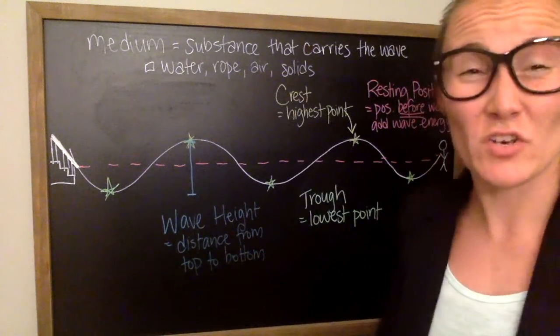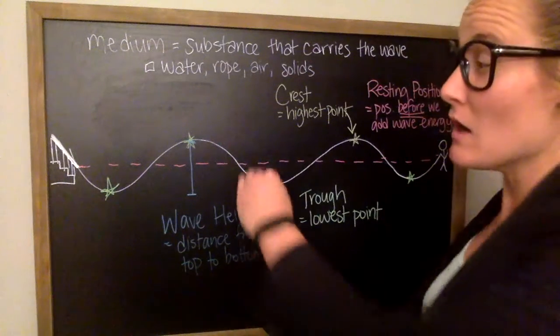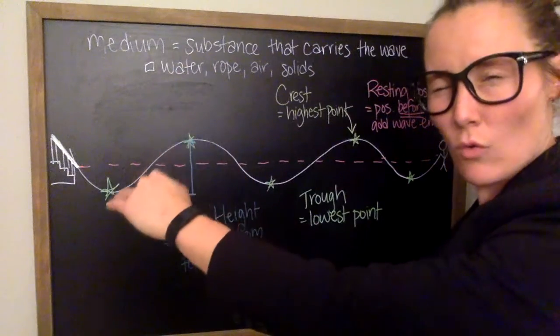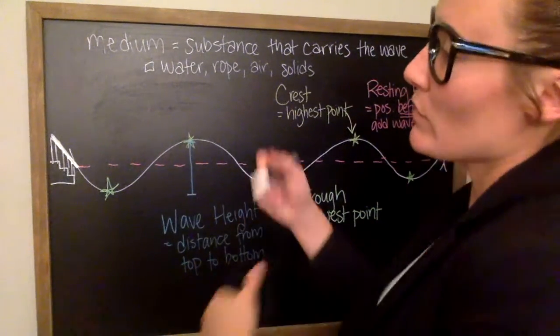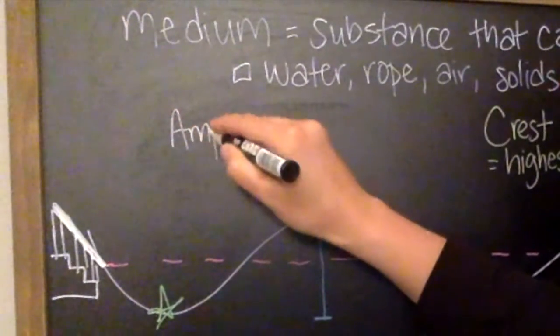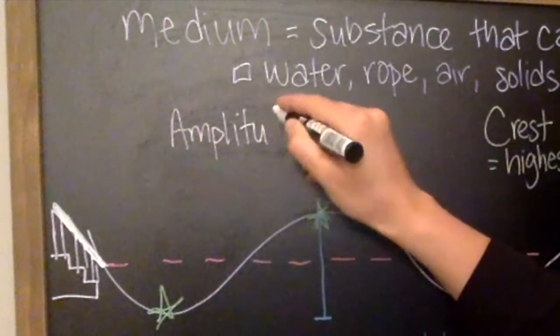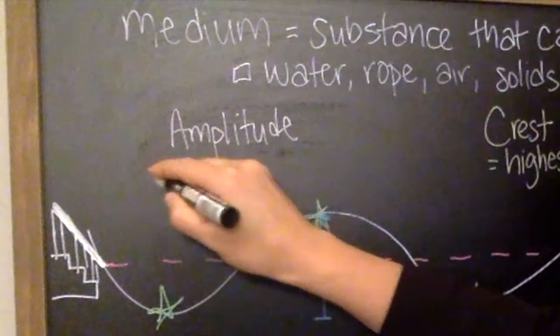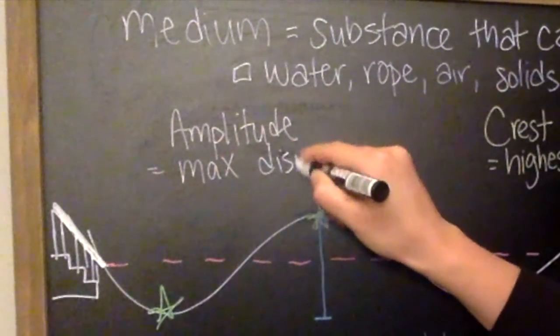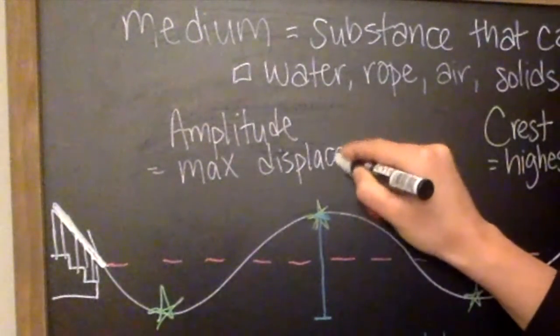But if we just want to know what the displacement is from our rest position to either our crest or our trough, we would call that amplitude. And that amplitude measures the max displacement, either up or down.